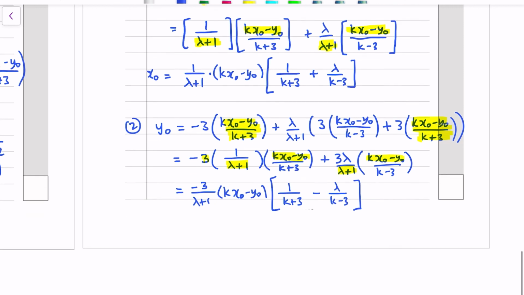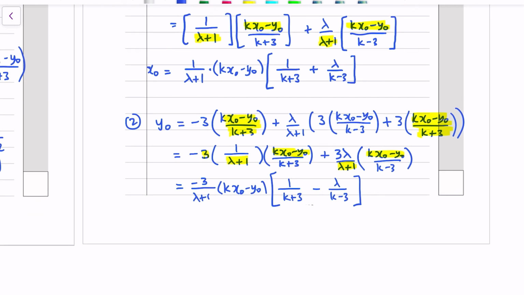Okay, and lastly, to connect it all together, we know that 9x naught squared minus y naught squared equals 36 because x naught, y naught is on the hyperbola.